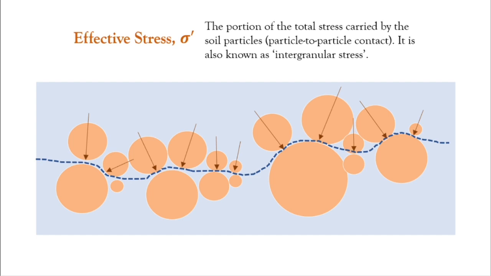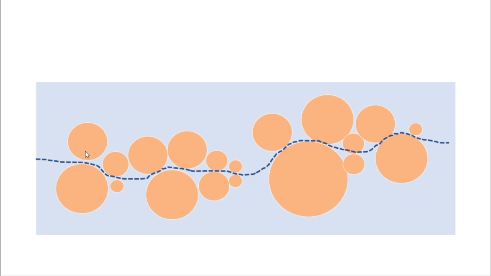Now, since the point of contact between each solid particle is so small, it looks like it will not cover the entire section. So there are areas within this section that look empty, right? But it is not actually empty. Remember our assumption that the void spaces are filled with water.